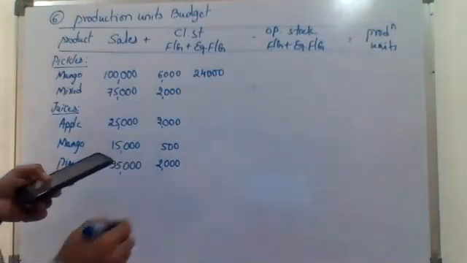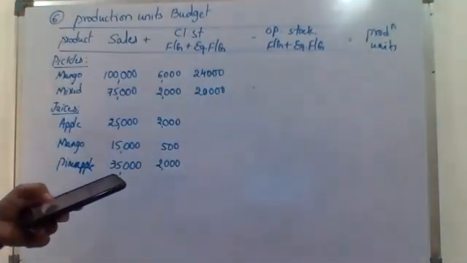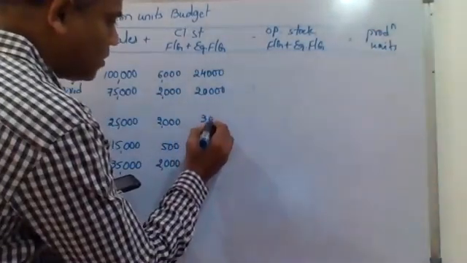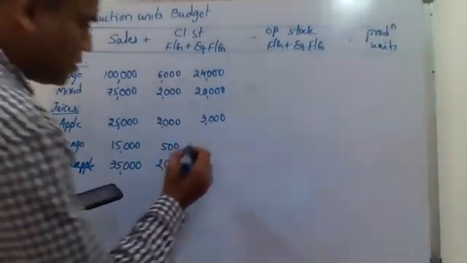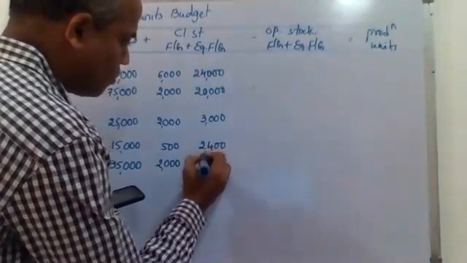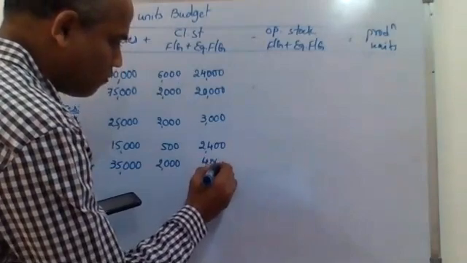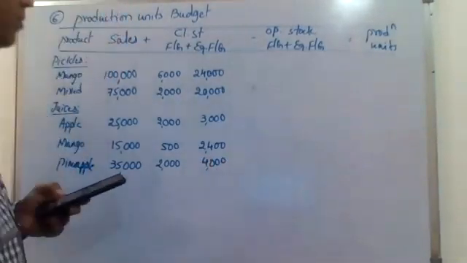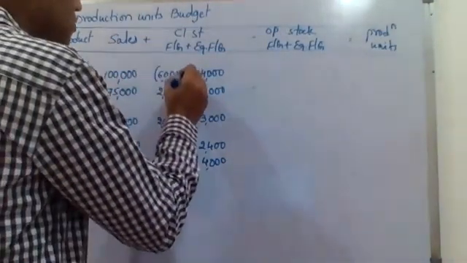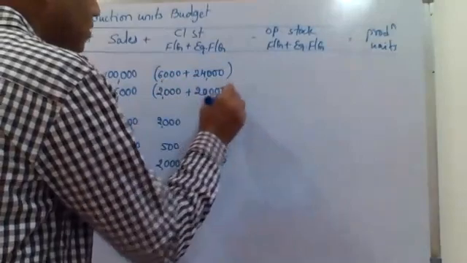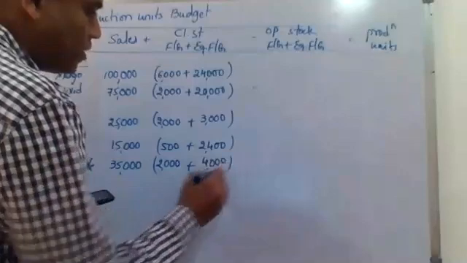Then 25,000 into 80%, 20,000. 4,000 into 75%. It is 3,000. 3,000 into 80%, 2,400. 5,000 into 80%, 4,000. So this is what is new. In fact, my closing stock is this plus this. Together is my closing stock. So the simple calculation is one new point.